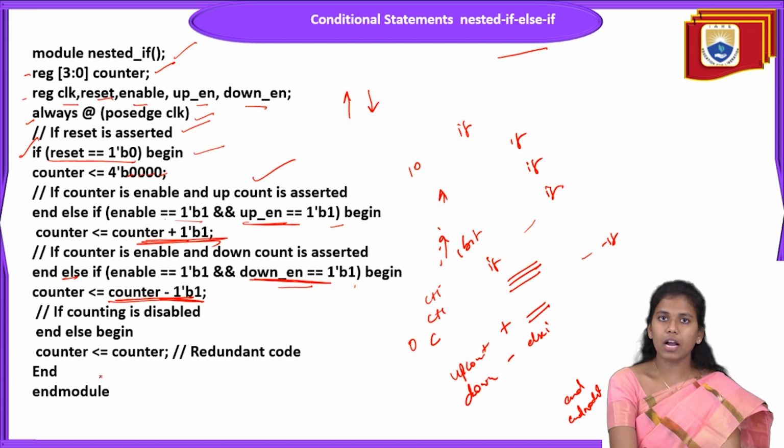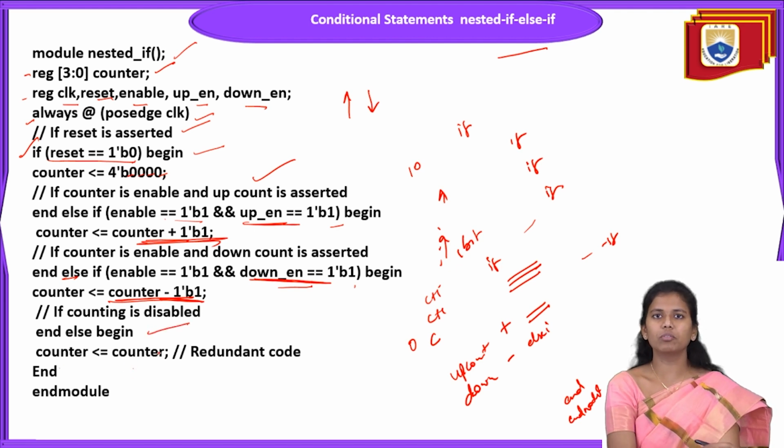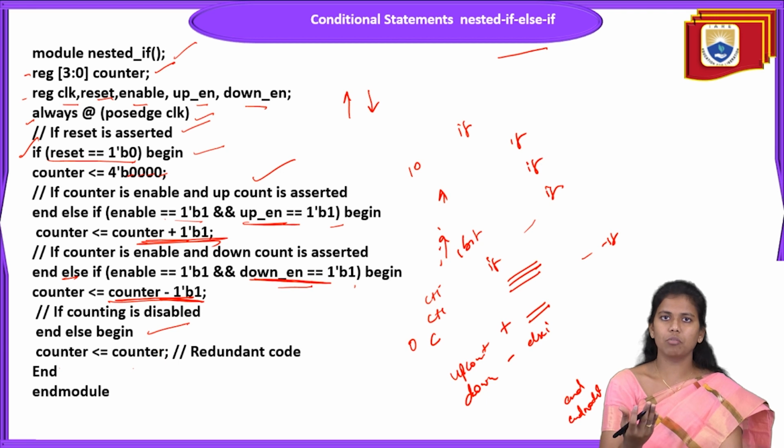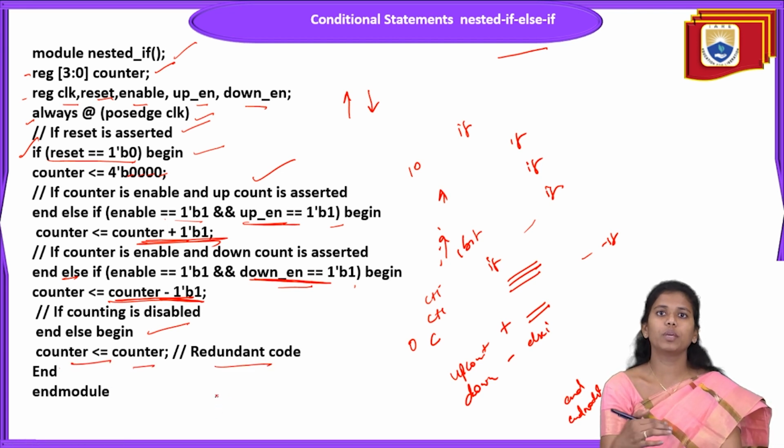And then if counting is disabled, what happens? Else begin the counter less than or equals to count. If counter is disabled, again we need to count it right from the starting. So again it will begin. The counter will begin its count. So here we see the redundant count. That means we see the repetition of the counts.